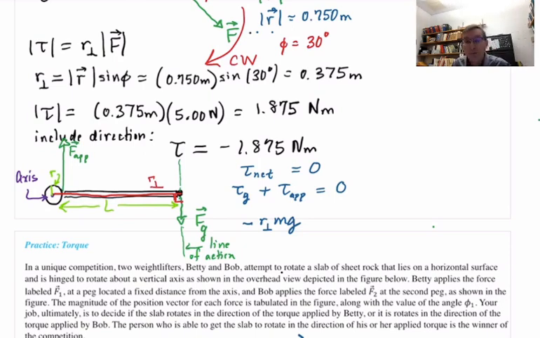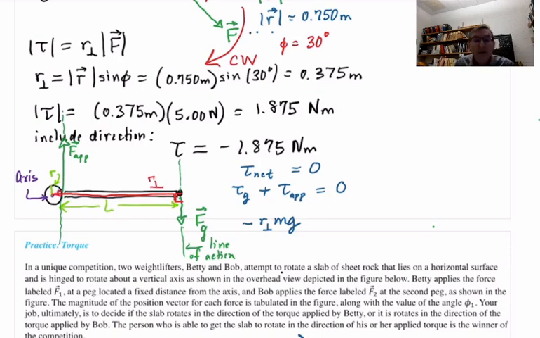Let's go on to the tau applied. Now, forget about F grav and look at F applied. Do you see what its moment arm is? It goes from the axis out to the line of action of F applied. So now you have to draw the line of action for F applied. And then the moment arm is just right there.